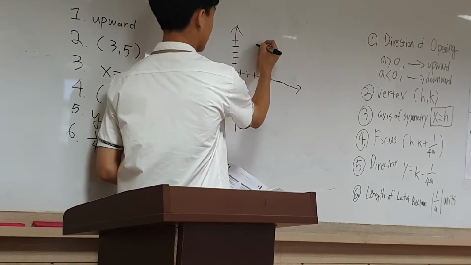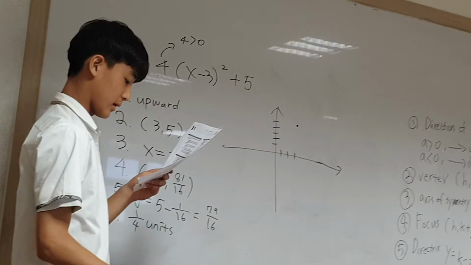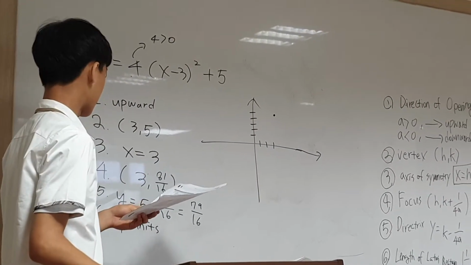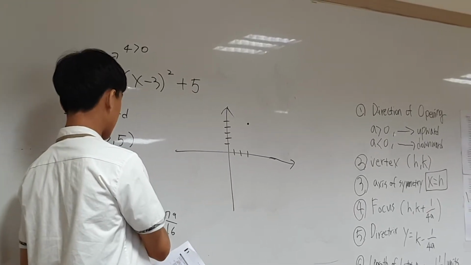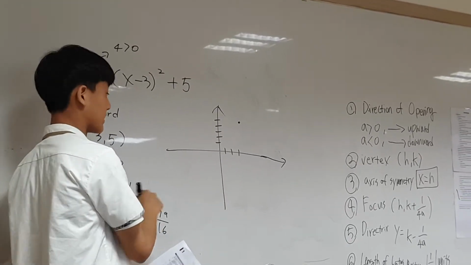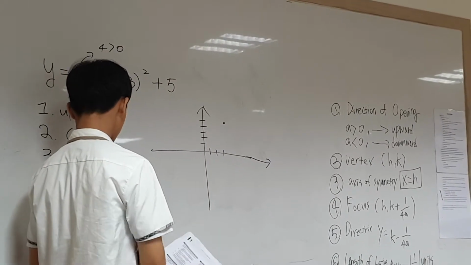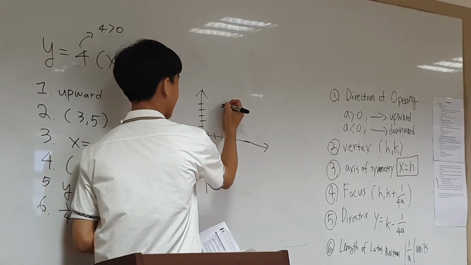This point will be the vertex. The second one is the focus, 3, 81 over 16. This is a little bit bigger than 5, so it would be something like this.